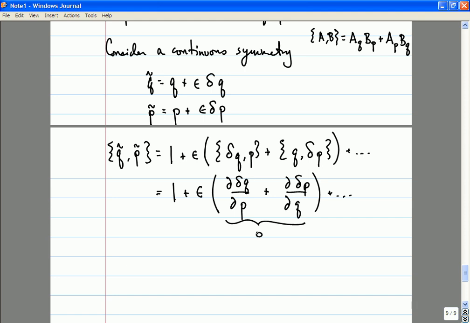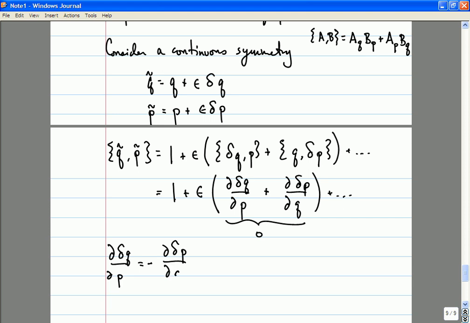And so that means that delta P and delta Q aren't completely independent, but that they are related in some way. In particular, the derivative of delta Q with respect to P is equal to minus the derivative of delta P with respect to Q.